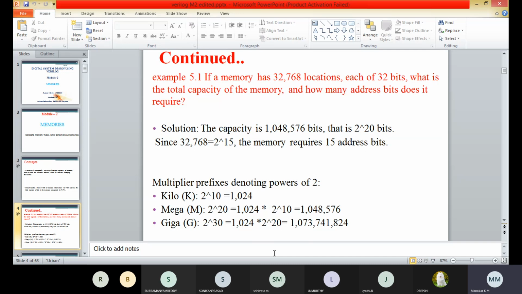Note that the multiplier values are closer to but slightly greater than the decimal multiplier values with the same names. We use an uppercase K for the binary multiplier 2 power 10.